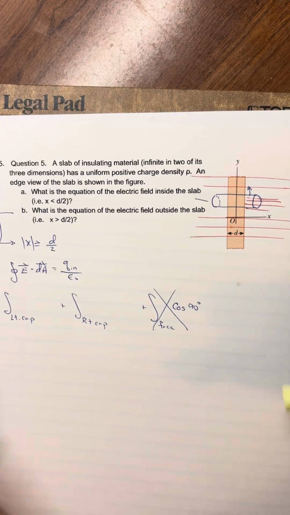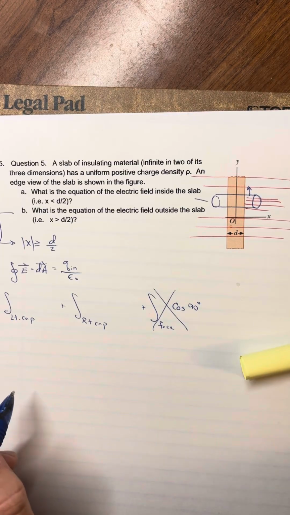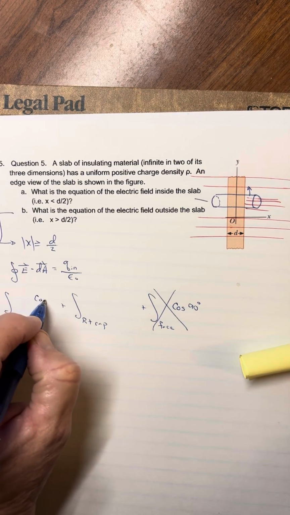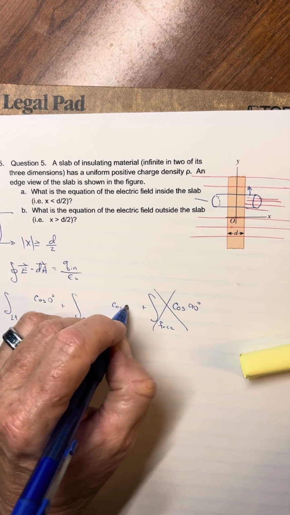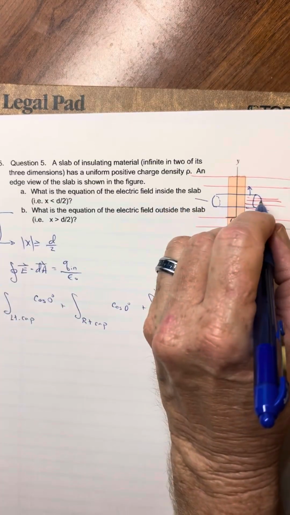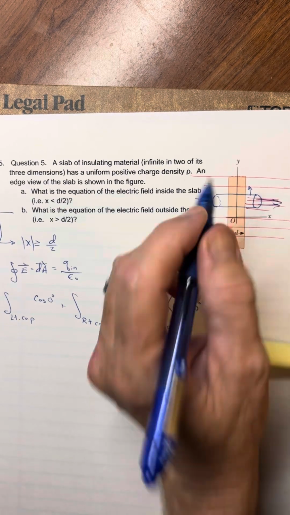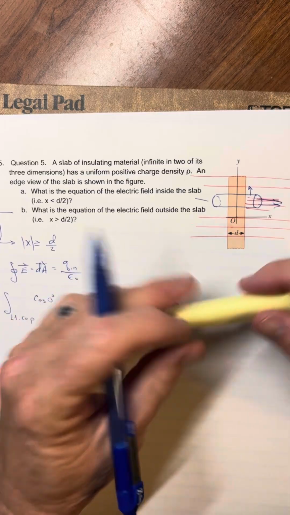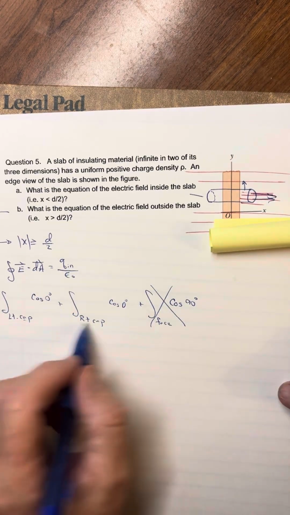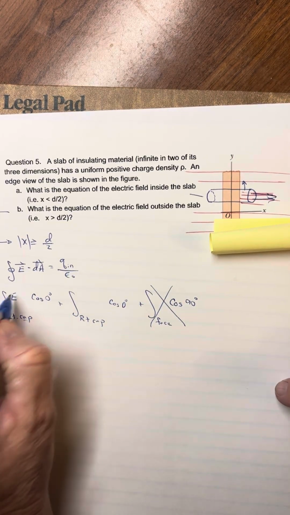So that one goes to 0, which is really good because the other two, we would have cosine of 0 degrees and cosine of 0 degrees because the electric field would be pointing outward along the axis of symmetry, and then so is the normal vector. In fact, these two are the same.